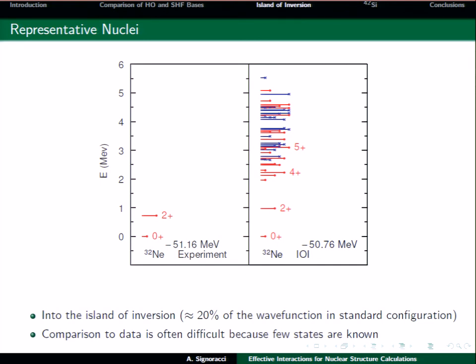However, there's a very large level density seen above 2 MeV, theoretically, which has not been observed experimentally and is above the decay threshold here.